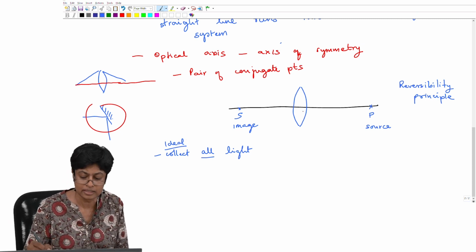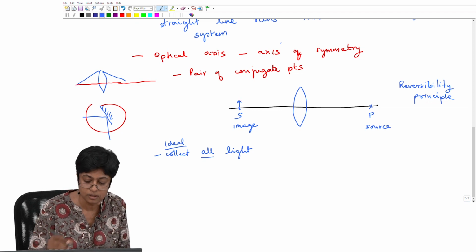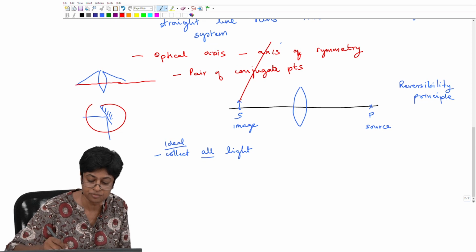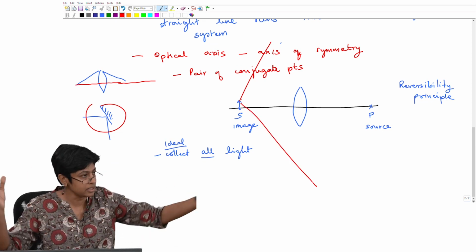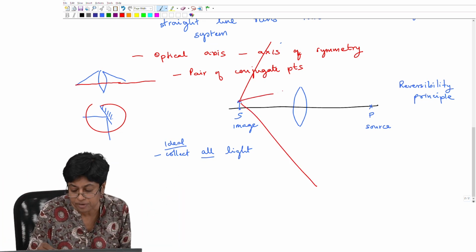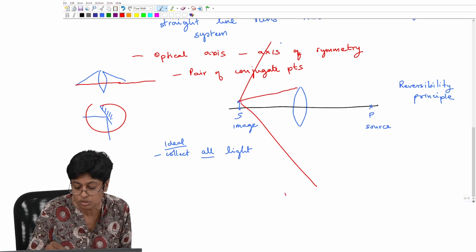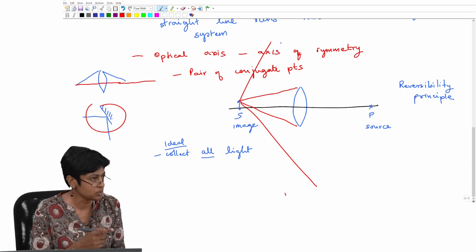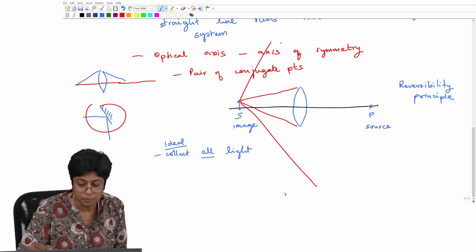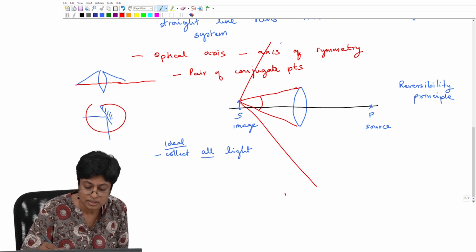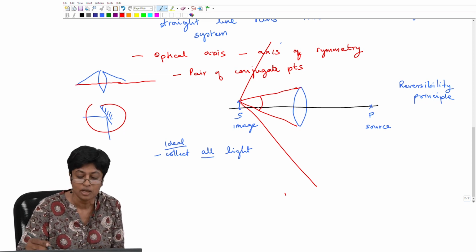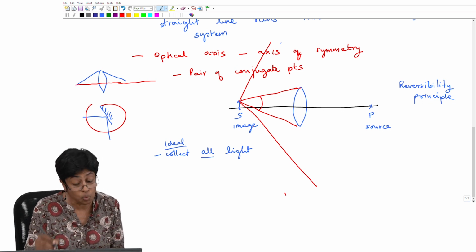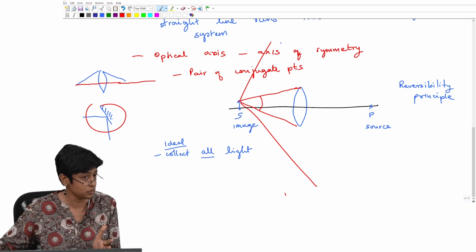If you take this example over here, let's say I have an object over here, I have light traveling, so there's light incident and then there's reflected light, and it's reflecting in a very large cone. Some fraction of that gets through this optical system. Okay, and in a few classes you might think, okay, I have drawn this set of rays, this cone of rays, where the upper ray hits the top of the lens and the lower ray hits the bottom, and this cone is the cone that will now travel all the way through the system.